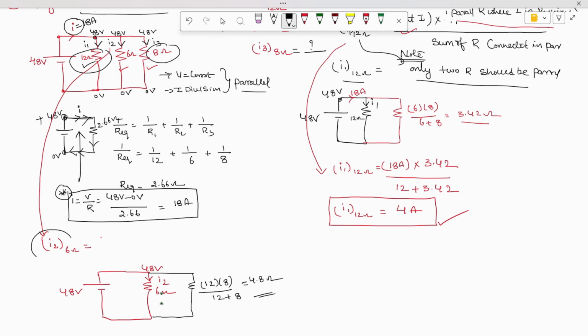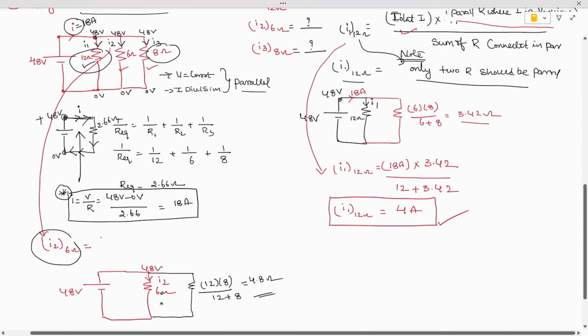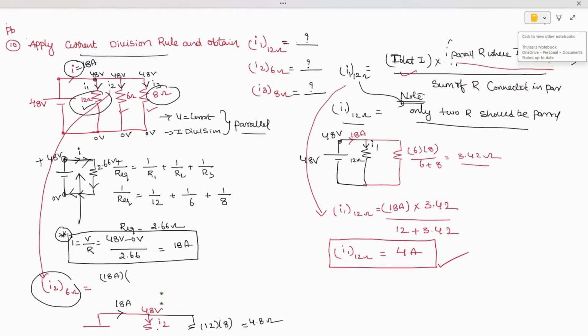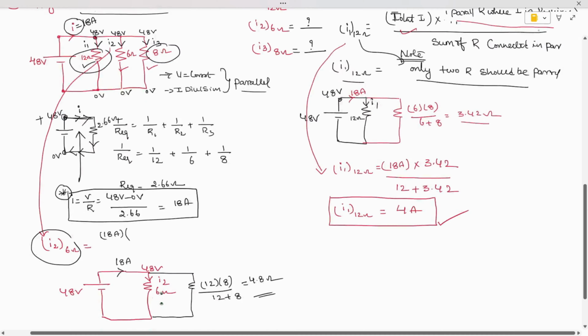So we need to find out current I2 across which resistor? 6 ohm. So that is equal to, the formula is total current. What is the total current? Total current is 18 amperes. So 18 amperes multiplied with, so in this branch I want the current. The formula is parallel resistor, where current is required.